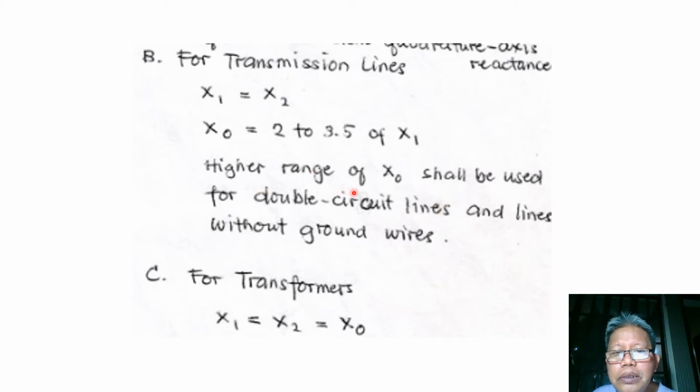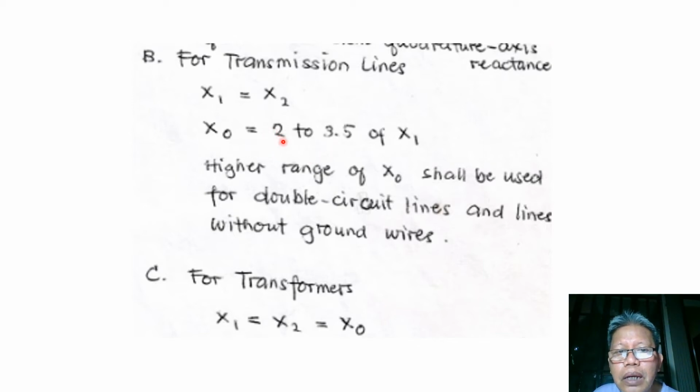Now the higher range of X0, meaning 3.5 times X1, shall be used for double circuit lines and lines without ground wire. So we use the higher value. For single circuit lines, meaning only one set of three-phase conductors present in a tower, we can use the minimum value of 2, especially when the line is also grounded.